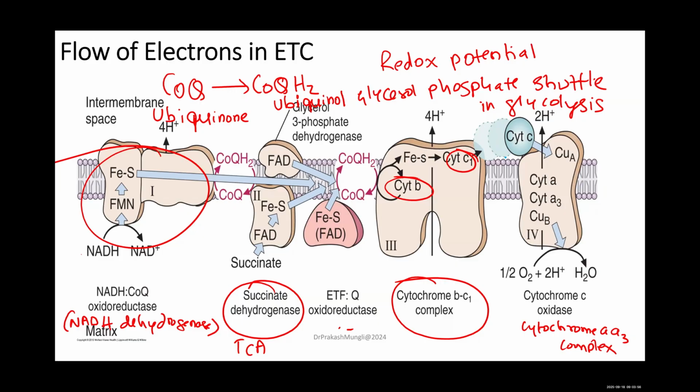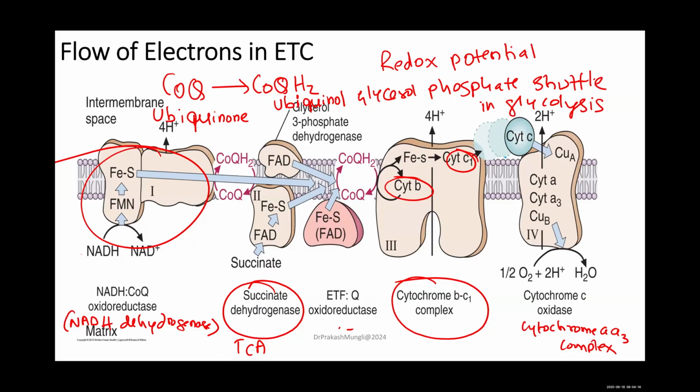These are the names you need to remember. Why? Because when we make questions on the electron transport chain, inhibitors, uncouplers, mechanism, we connect riboflavin, we connect niacin, right? And then ask which one of the following complexes is affected by this.